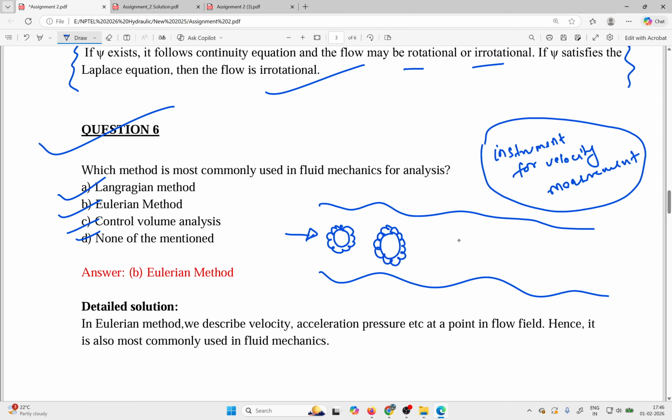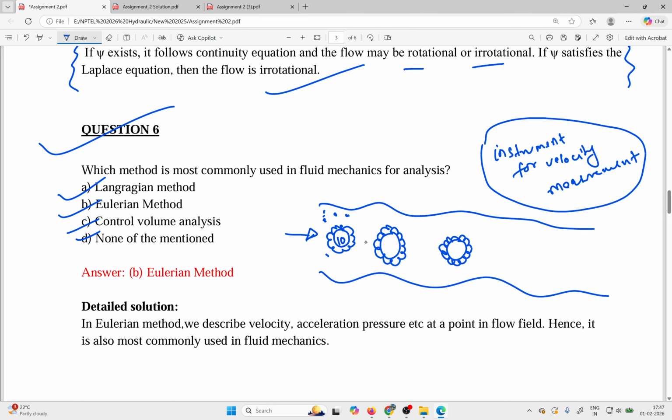Let us suppose there are millions of fluid particles in this river system. Let us assume particle 1, particle 2, particle 3, particle 4, 5, 6, 7, a lot of them. Your instrument is capturing the velocity of, let us say, particle number 10.